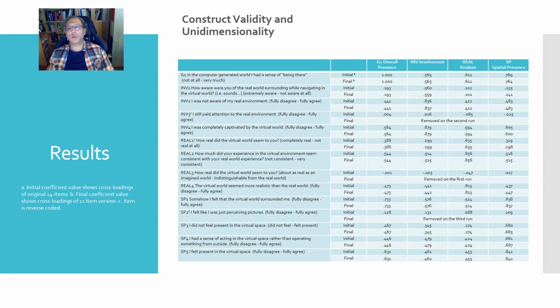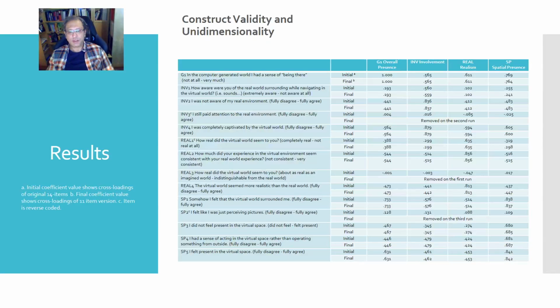Well, we decided to remove 3 items of the scale from the original 14 items. We retained 11 items because these 3 items did not load on their intended dimensions, or did not load any of the dimensions actually strongly. That means that there is a lot of measurement error in those items, so we just remove them from the scale.